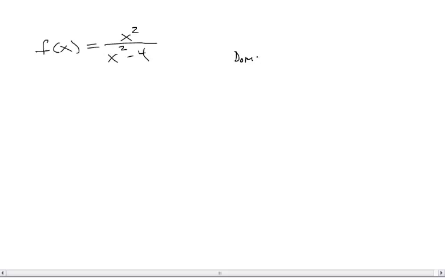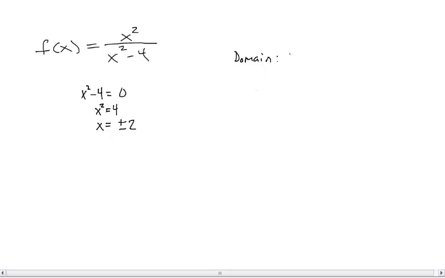So the domain of the function, and here in this function the denominator cannot equal 0. So what we need to do is set x squared minus 4 equal to 0 and solve for it, and we get x squared is equal to 4 and x is equal to plus and minus 2.